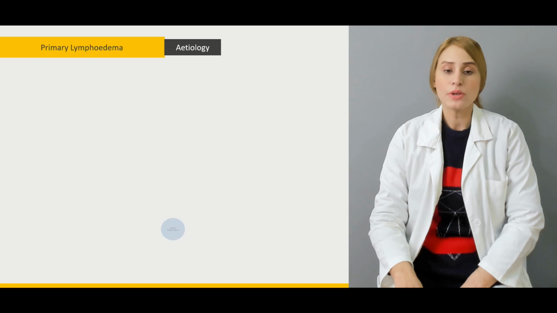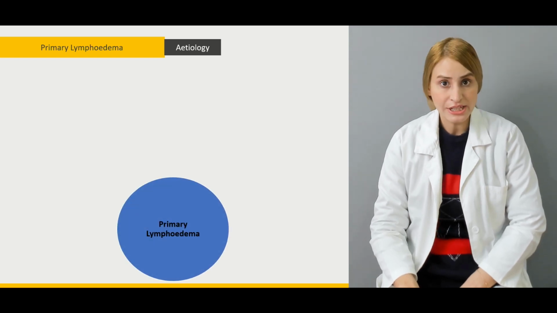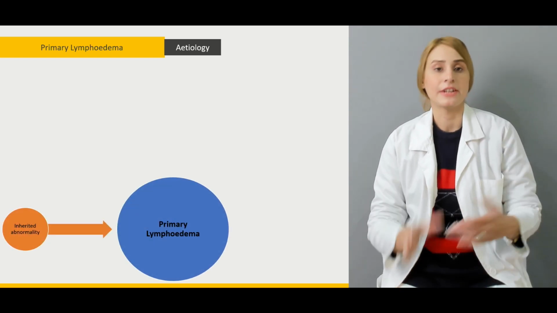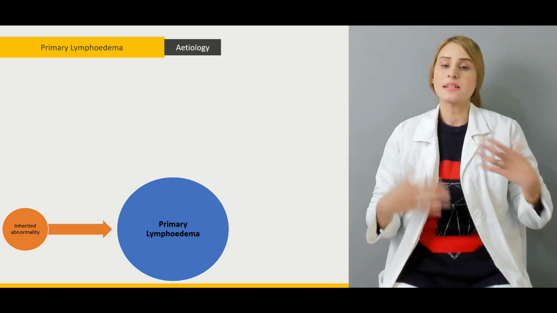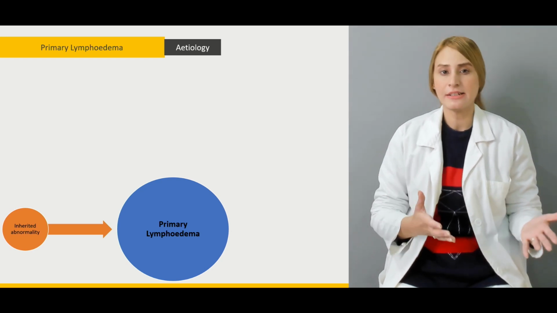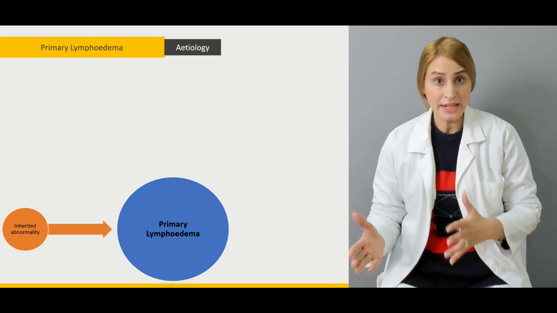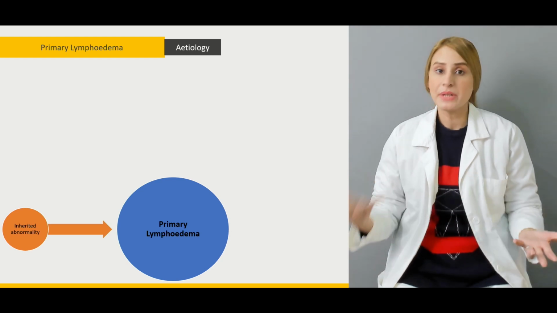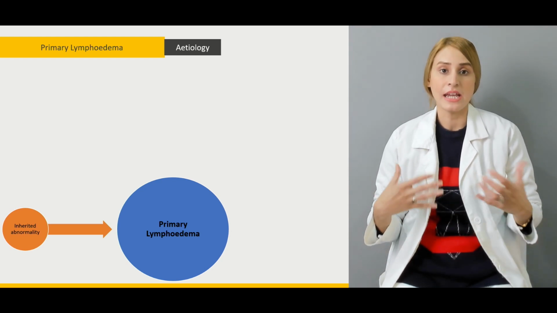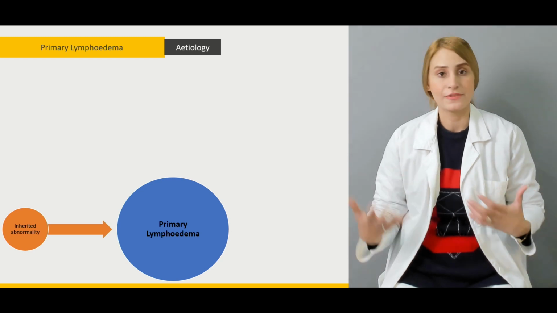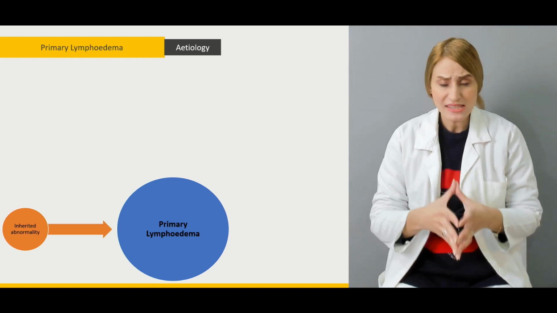So, talking about the etiology of primary lymphedema, there can be an inherited abnormality. Sometimes there are familial cases, sometimes there are sporadic cases, right? The familial cases, most of the time, are because of mutations.